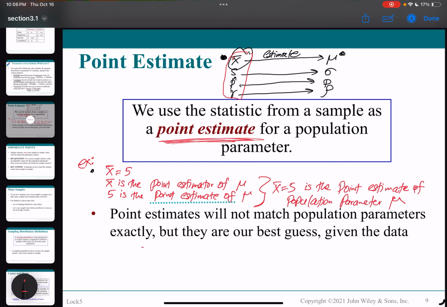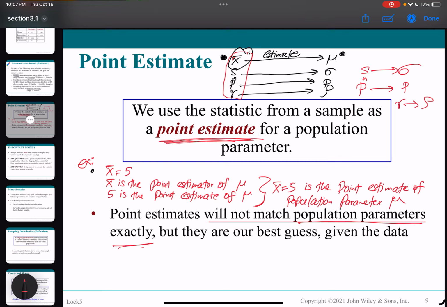So x bar is the point estimator of mu. Sample s is the point estimator of sigma. P hat is the point estimator of population p. Sample r is the point estimator of rho. Okay. A point estimate will not match the population parameter, or simply the parameter, exactly.